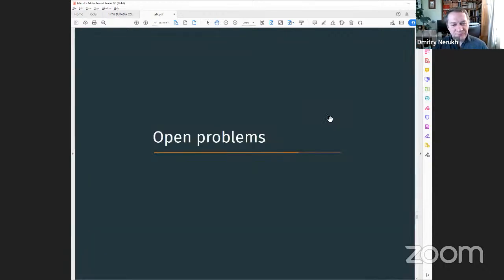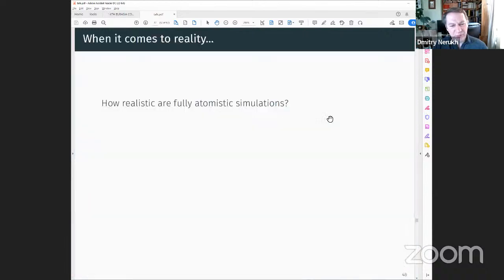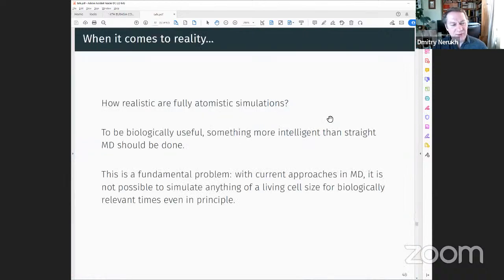Now, obviously, this is great, but there are quite a few problems. As I said, most of the computer resources are spent on modeling water, essentially. And this is a bit wasteful because we don't need the information on water. We're only interested in the biological molecules, proteins, DNA, RNA, and so on.